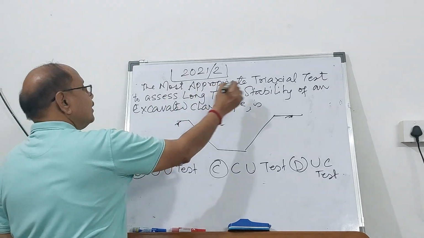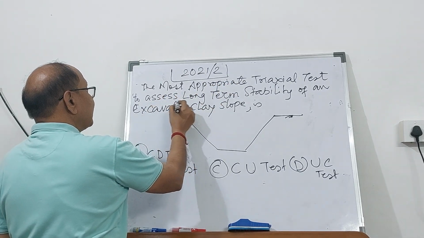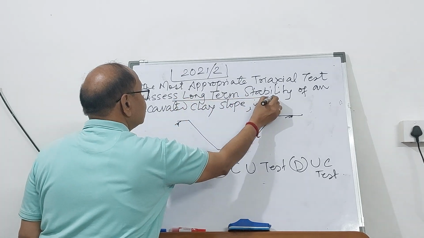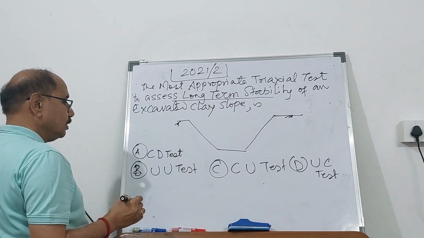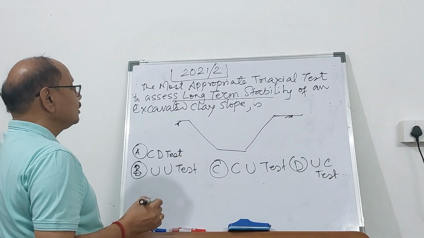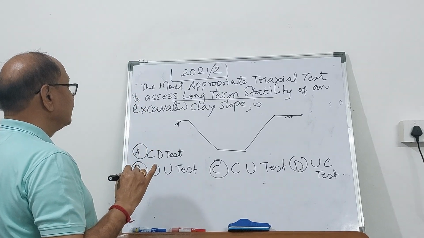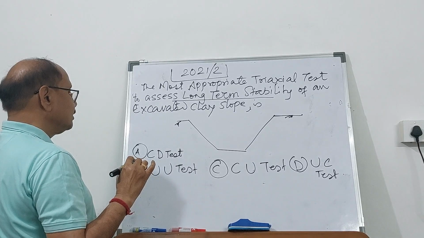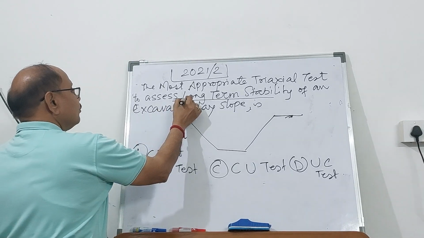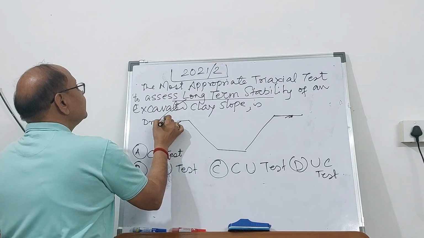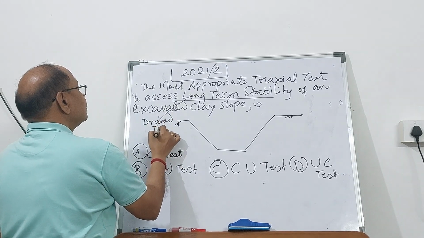Now you see here, you are performing a triaxial test to assess long-term stability. In long-term stability, the pore water pressure is going to dissipate. And if the pore water pressure is going to dissipate for long term, you should always consider the drained test.